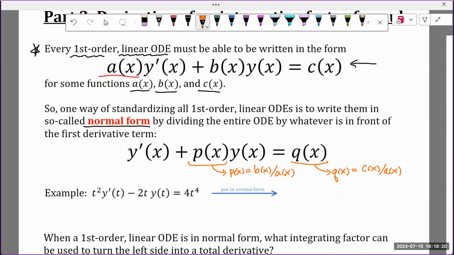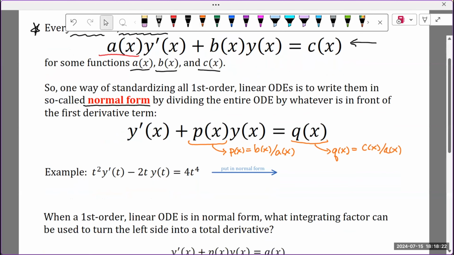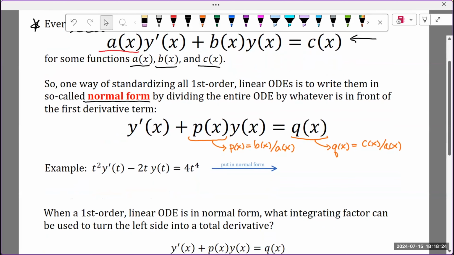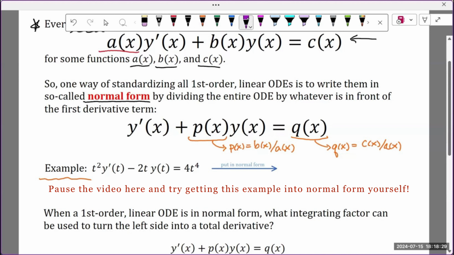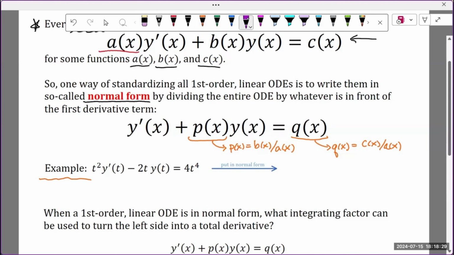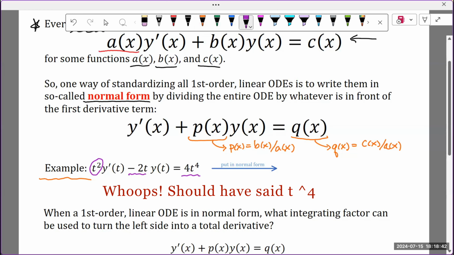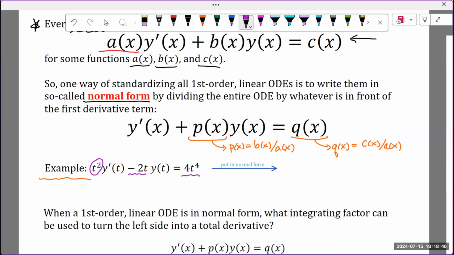Okay. Now, let's look at a brief example and how we should put that into normal form. So in this case, t squared is playing the role of a of x, and minus 2t is b of x, and 4t squared is our c of x. Putting this into normal form, we are going to be dividing by t squared.